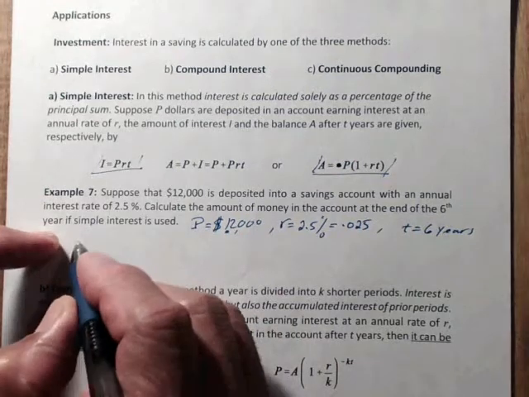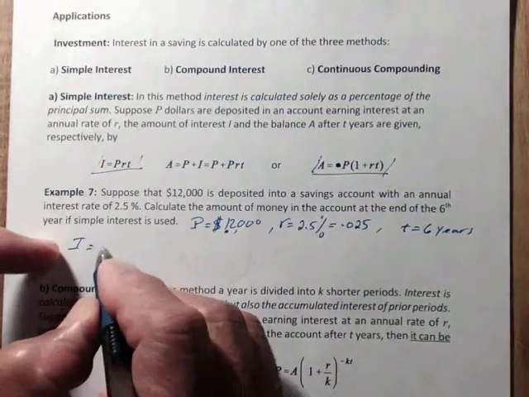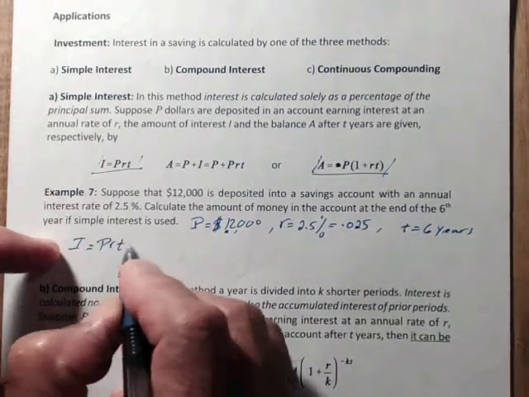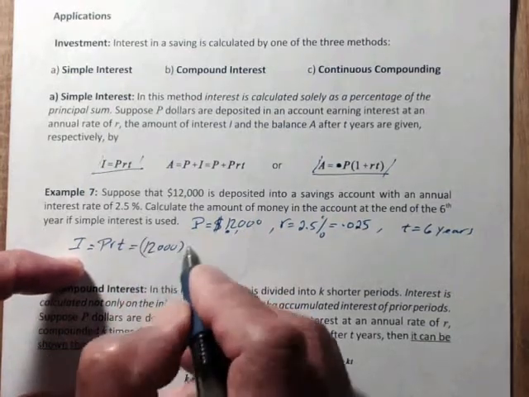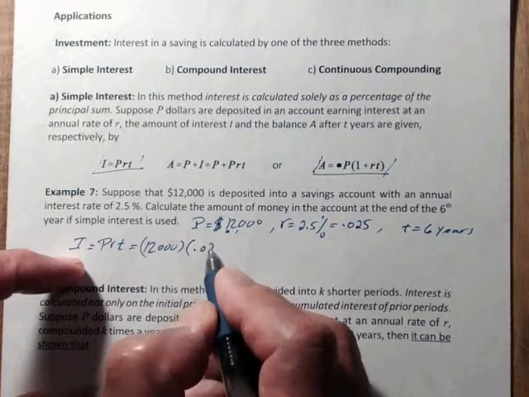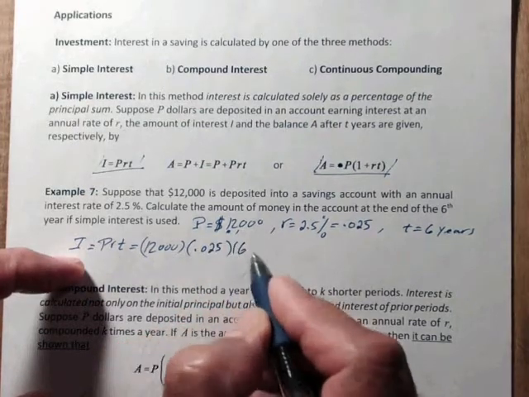So I can do it like this. The interest is PRT. P is 12,000, R is 0.025, and T is 6 years.